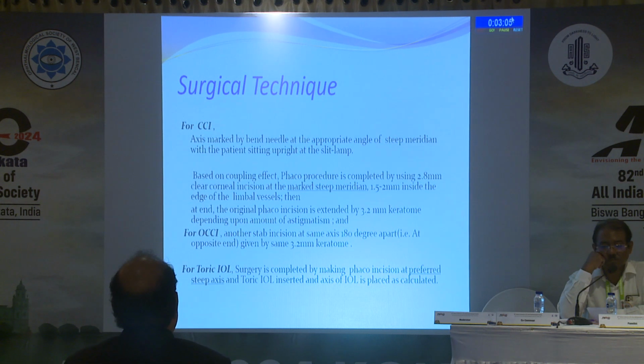For opposite clear corneal incision, another stab incision at the same axis, 180 degrees apart, at the opposite end, is given at the same time. For the toric IOL, it is the usual procedure as calculated by the toric calculator.